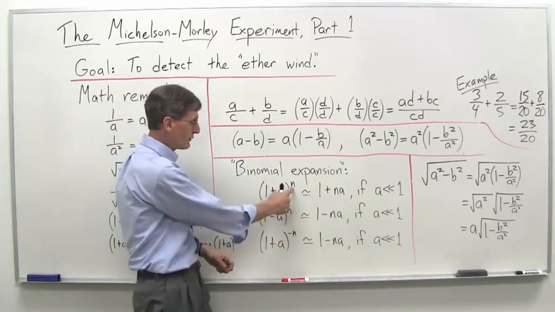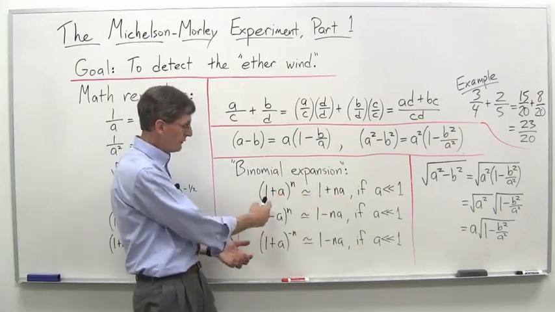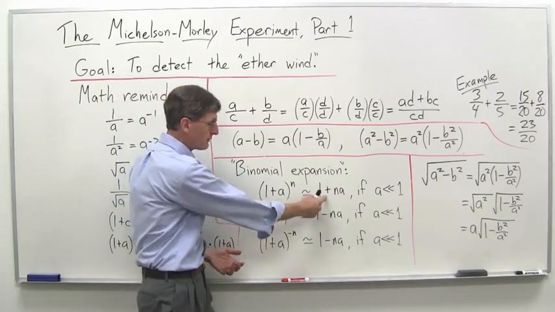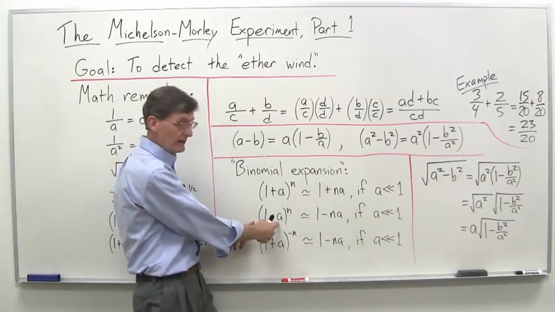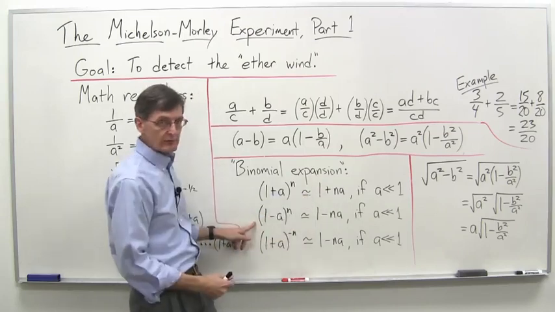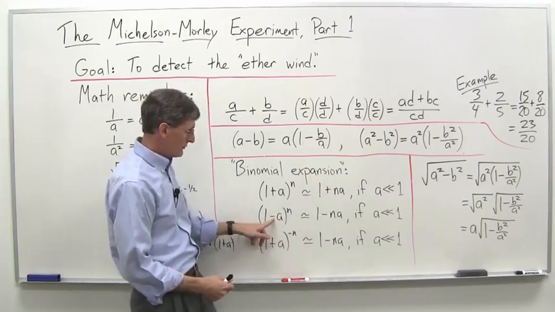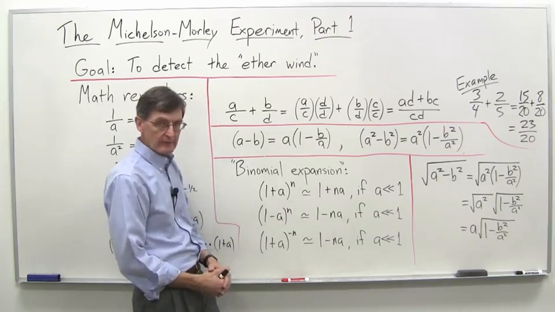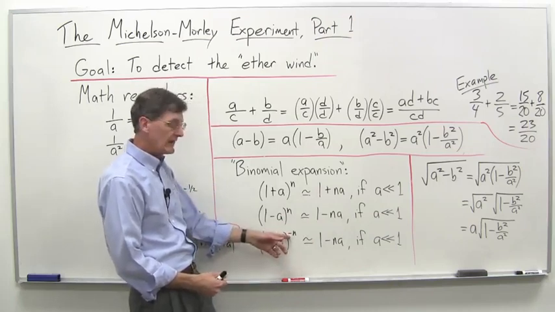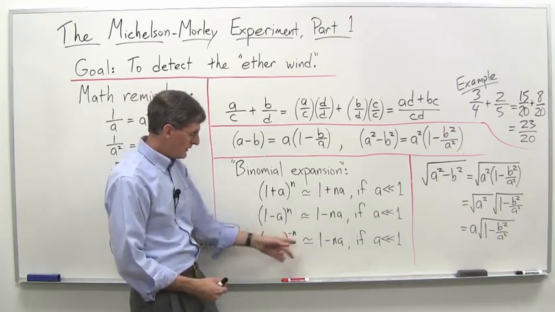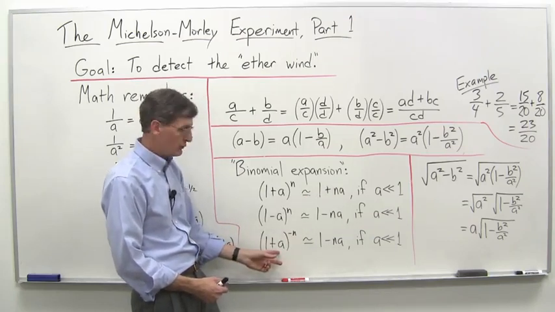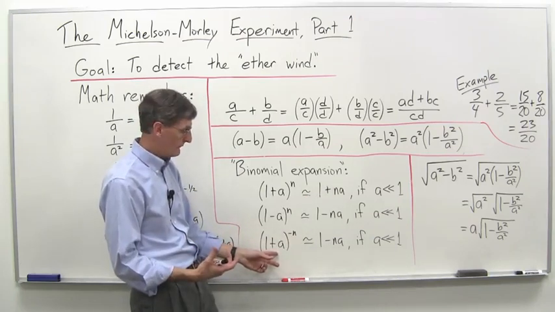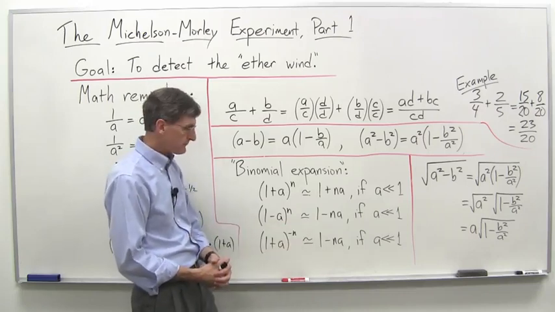In other words, take the exponent, whatever that is, maybe it's a 3, 1 plus a cubed, so this would be 1 plus 3a. Or if we have 1 minus a to the nth power, and again, a is much less than 1, because we have a minus sign here, it becomes 1 minus na. Or even 1 plus a to the negative n power, because you're essentially multiplying the exponent times the a value, assuming again a is much less than 1, it's 1 minus na.